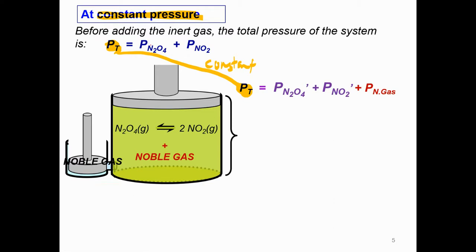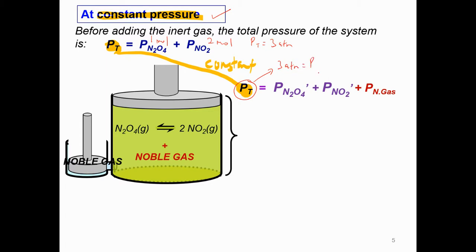However, for example, this is 2 mole. This N2O4 is 1 mole. Then the P total equals, let's say, 3 atm. Now we say the condition is set at constant pressure, meaning that this is also 3 atm.